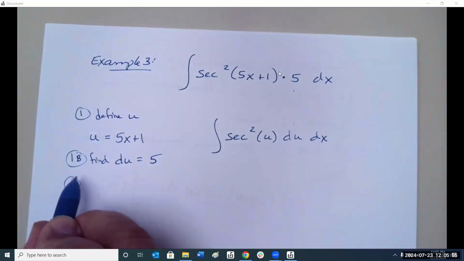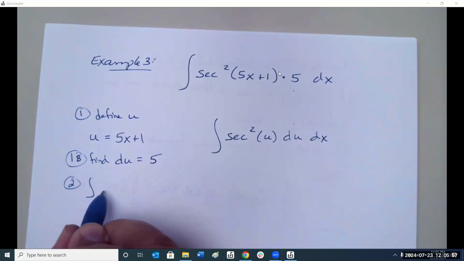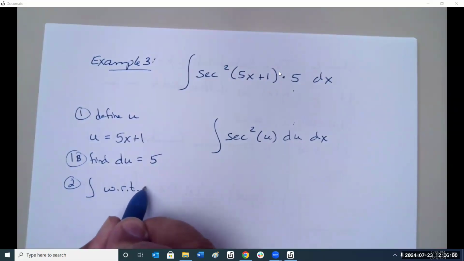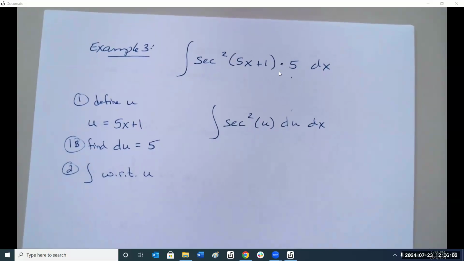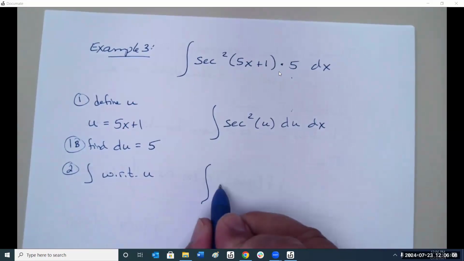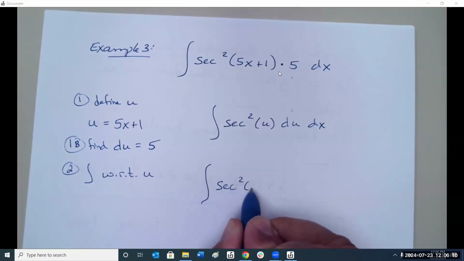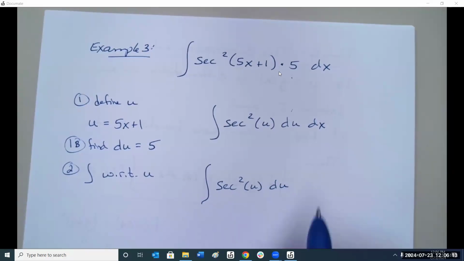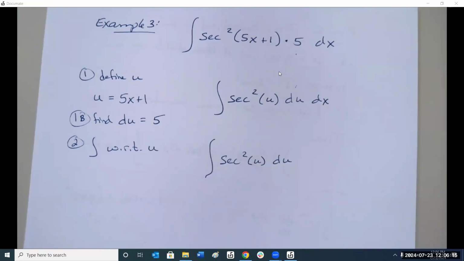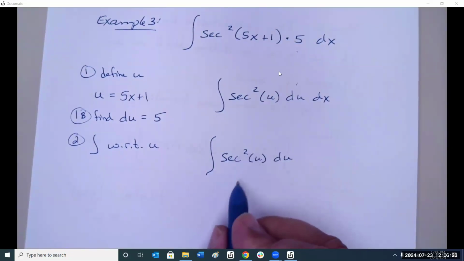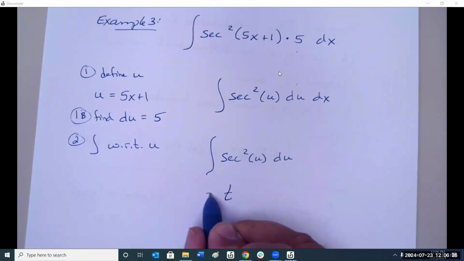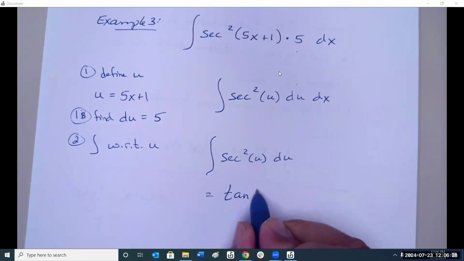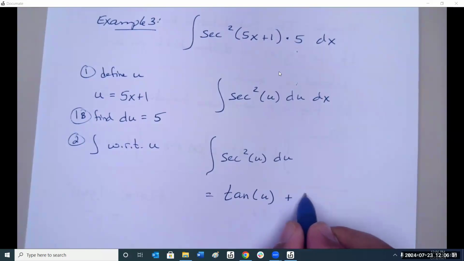So now step 2 is integrate with respect to u. So what we have to do here is the integral of secant squared u du. The integral of secant squared is tangent plus c.